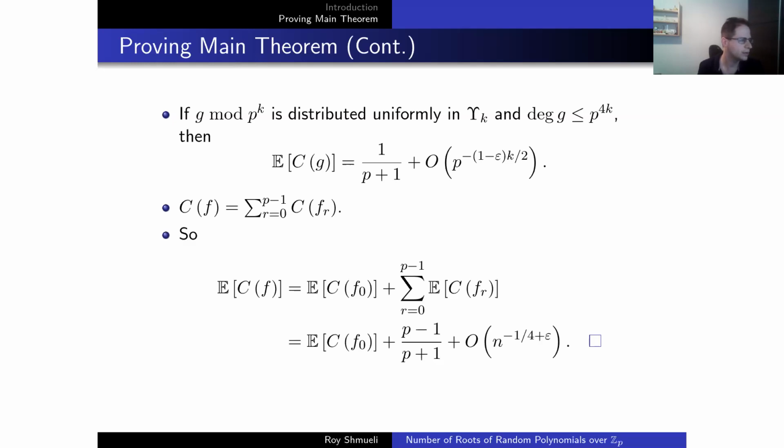Continuing using that on the expected value, I have the expected value of f_0, which I don't know how to compute in the general case, and the other f_r I can compute by using this result.